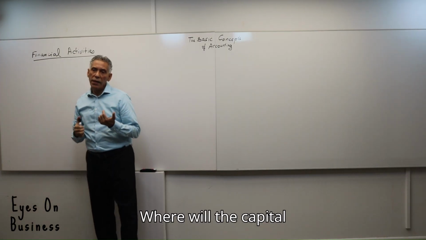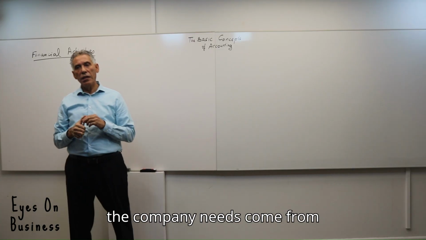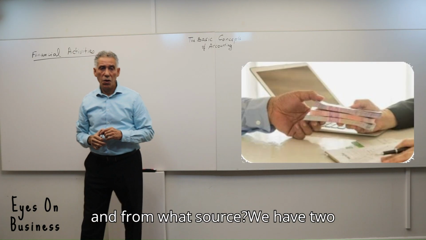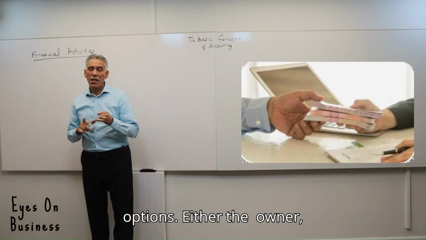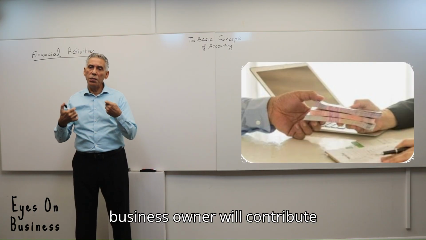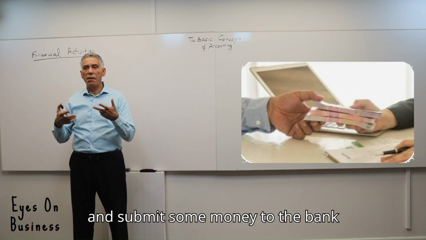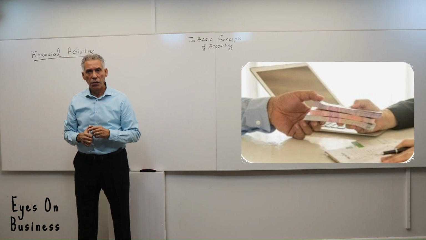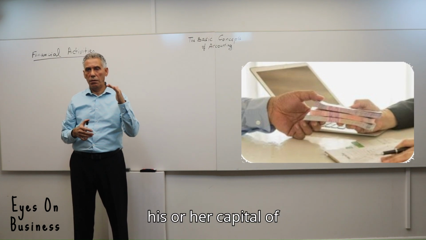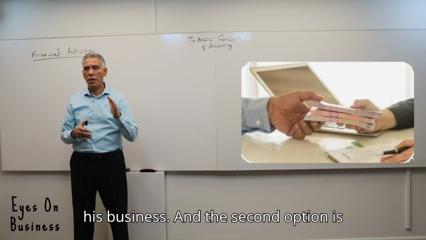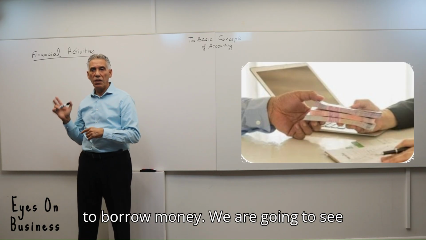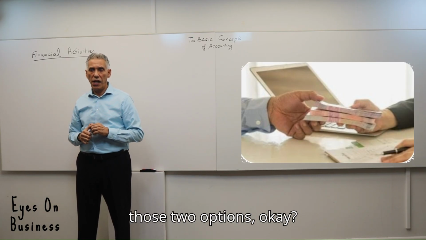Where will the capital the company needs come from? And from what source? We have two options. Either the business owner will contribute and deposit some money in the bank to raise capital for his or her business, or the second option is to borrow money. We are going to see those two options.